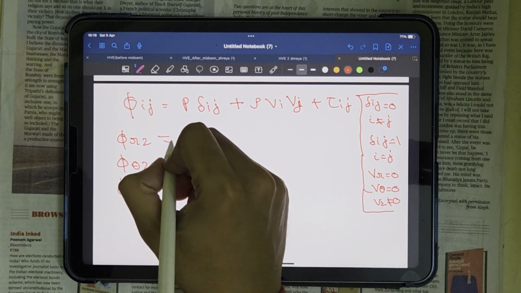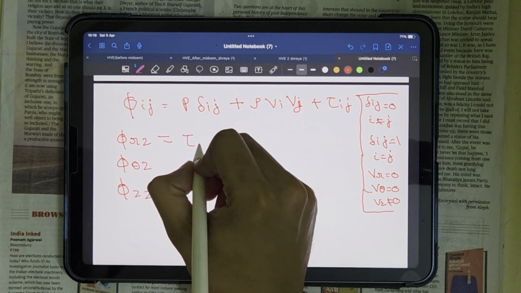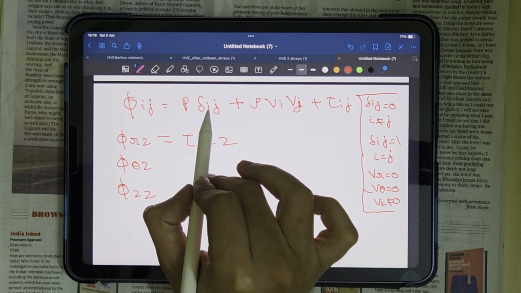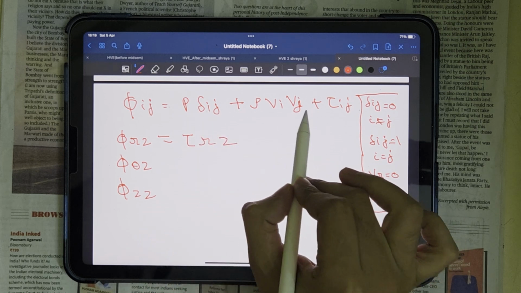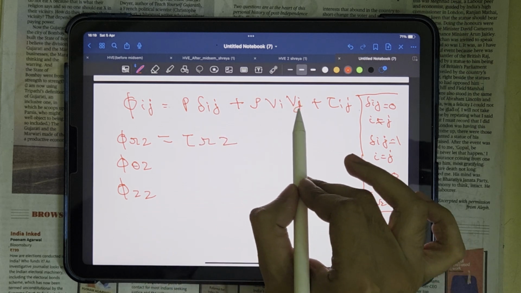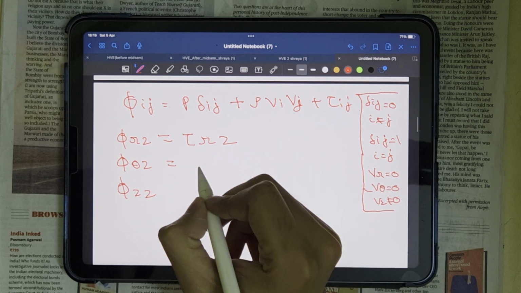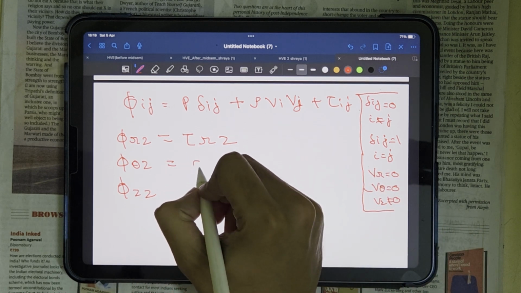So phi rz becomes tau rz. This term becomes 0 because delta rz will be 0 and Vr and Vz both are 0. So second terms also become 0, and the remaining term is tau rz. Phi theta z would be completely 0.